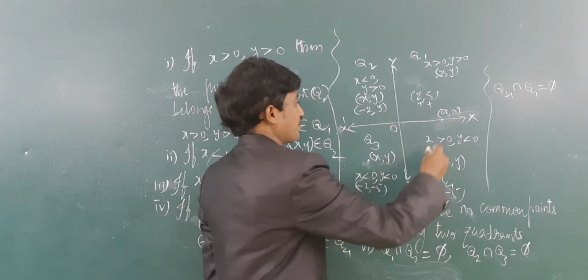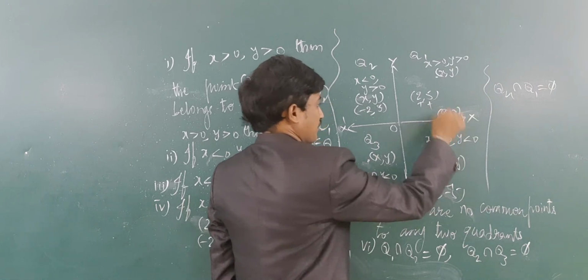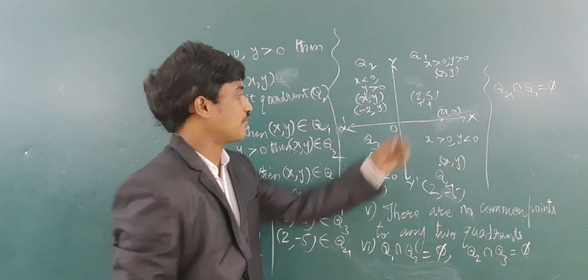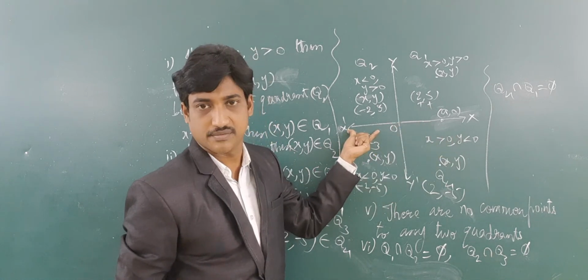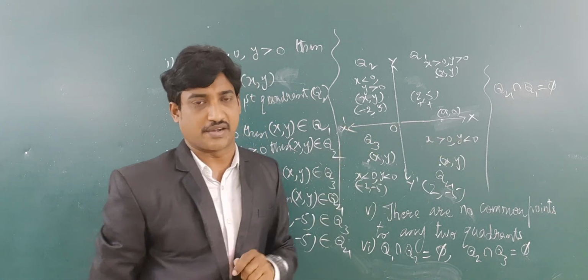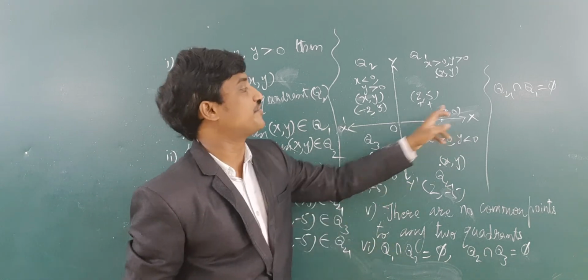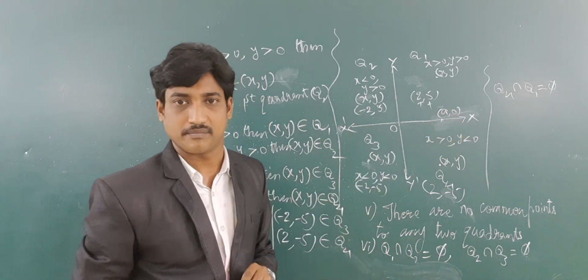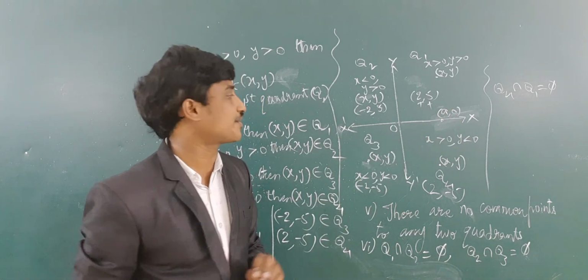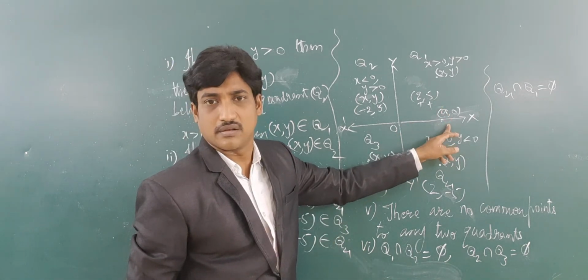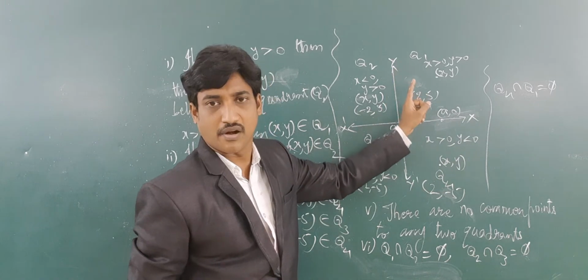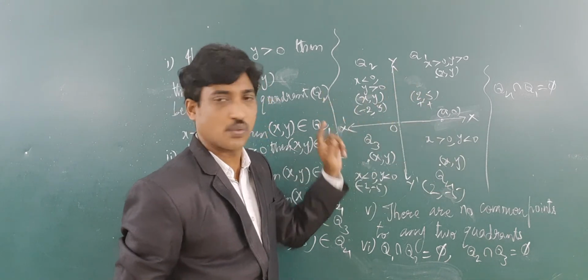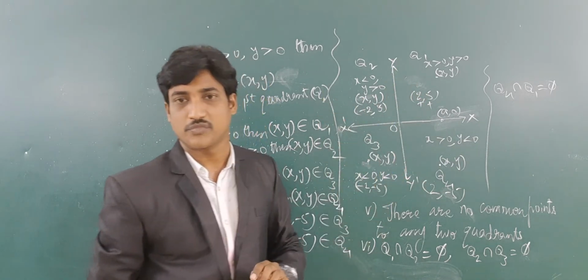Here a is with positive sign if it is towards OX, and if it is towards OX', then it is with negative sign. But 0 has no sign. So (a, 0) is not in Q1, not in Q2, not in Q3, not in Q4.